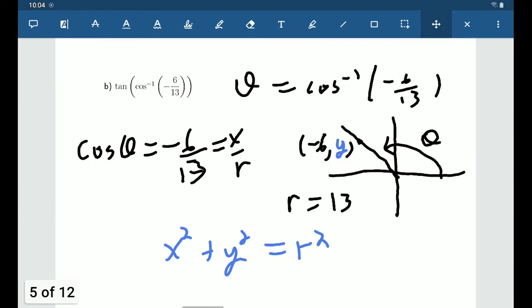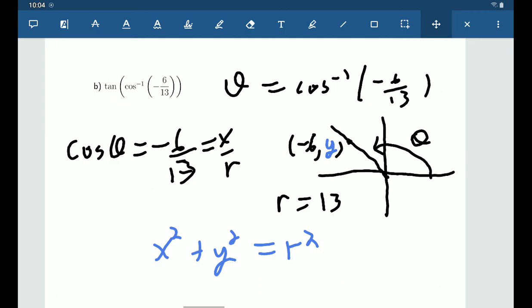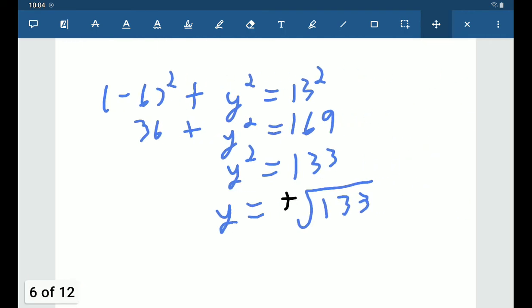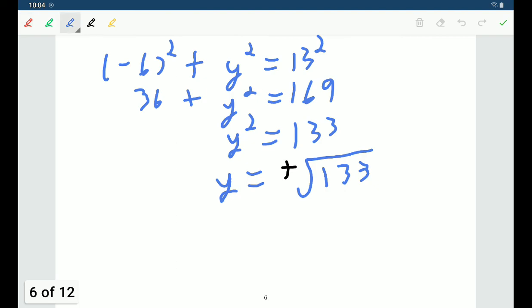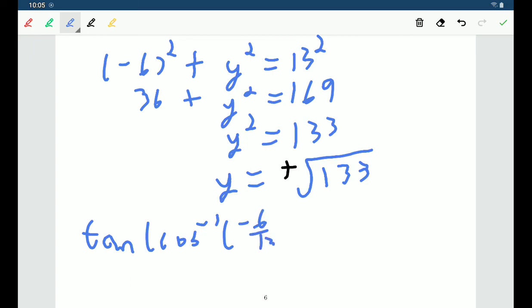To return to the original question, what is tangent of cosine inverse of negative 6/13? Remember that cosine inverse of negative 6/13 is our angle theta, where x was negative 6, y was root of 133, and r was 13.